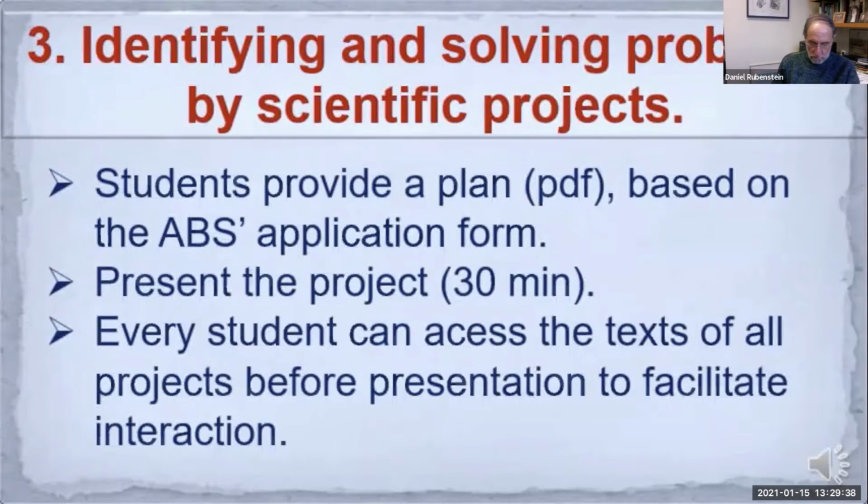To incentivize this discussion, every student can access the text of all projects before the presentation. So they can be more critical about animal behavior science rather than act as observers only.